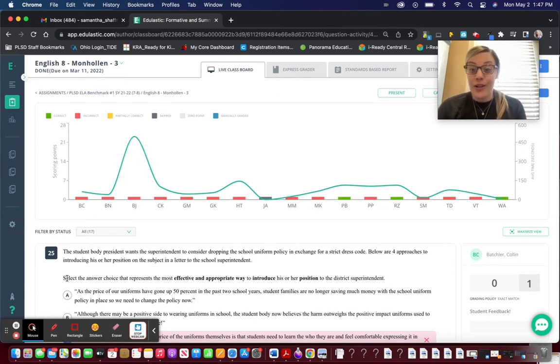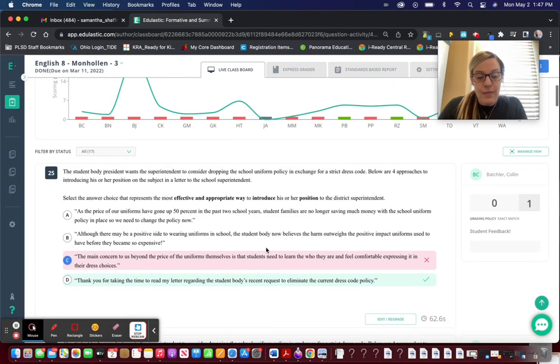Just like the NWEA, this is supposed to be a baseline common test to show where kids are at. This would be best given at the beginning of a semester or the school year, and then a follow-up test of the same caliber, the same standards, the same types of questions, but different questions that would measure the growth. Just like the I'm Ready would or the NWEA.